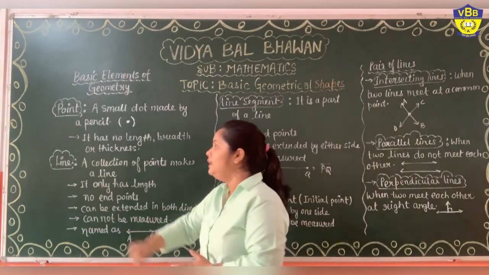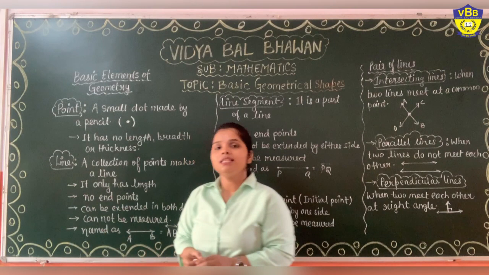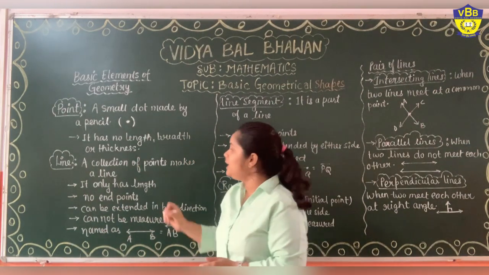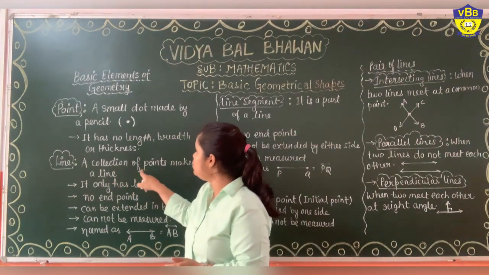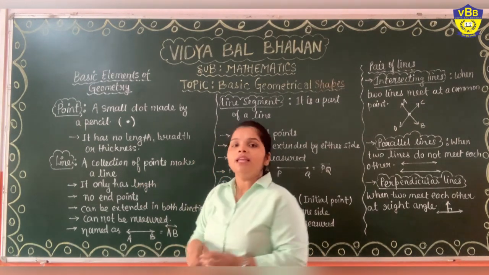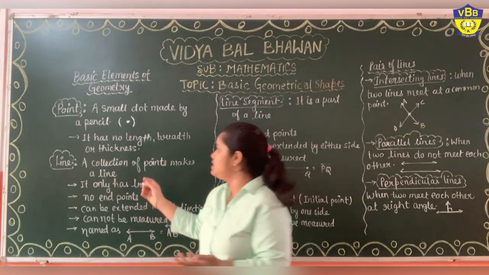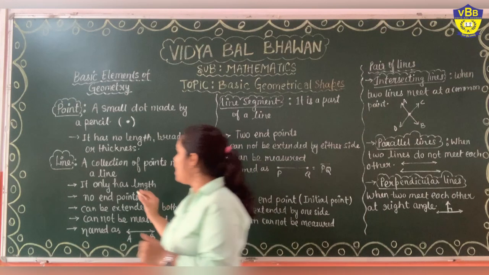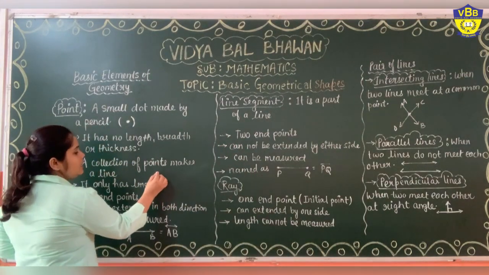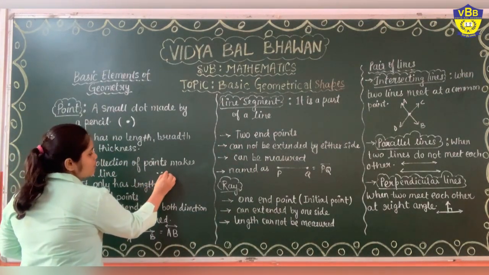Next one, line. What is a line basically? A line is a collection of points. How? Suppose I have made several points here.